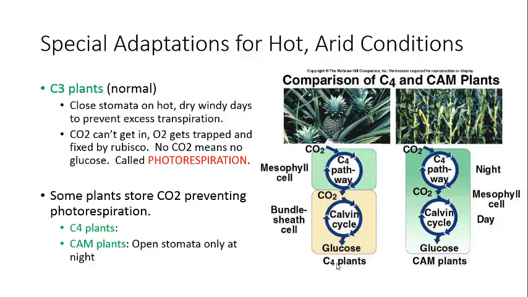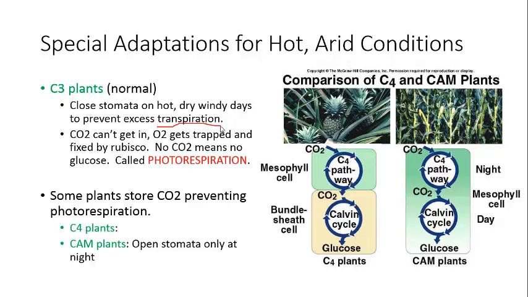Heat, dryness, and wind all increase the rate of transpiration. Remember, transpiration is the evaporation of water out of the stomata. If too much transpiration takes place, a plant can get dehydrated and it could die.